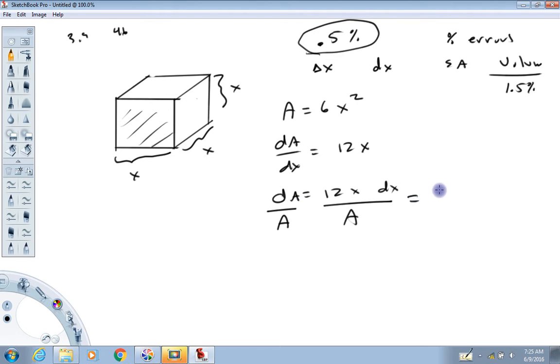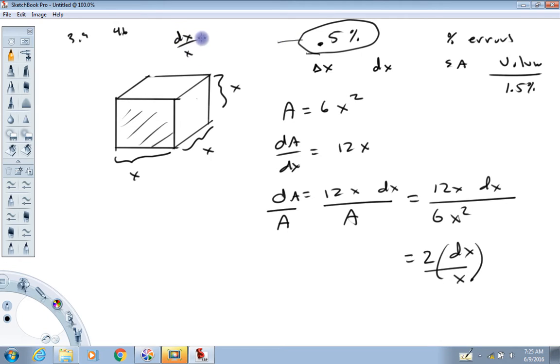On the right-hand side, I'll take note that the area is equal to 6x squared. Now 12 over 6 is 2. x over x squared is going to give me a 1 over x in the bottom. Now dx over x, where'd it go? I guess I erased it, but that was coming from here.